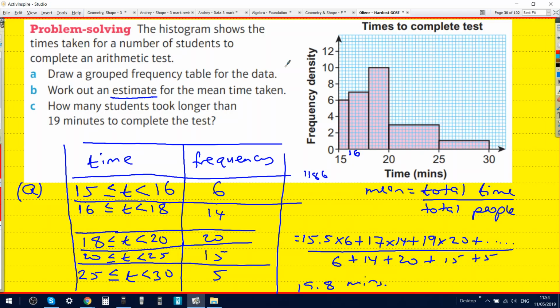The 30th. And where are they? 30th person is in between 18 and 20. And could you get a closer estimate? Go halfway between that. Yeah. 19. Yes. And so if you were asked what group it's in, you could say 18 to 20. And if they asked you to estimate it, that's exactly in the middle. And so it would be 19.